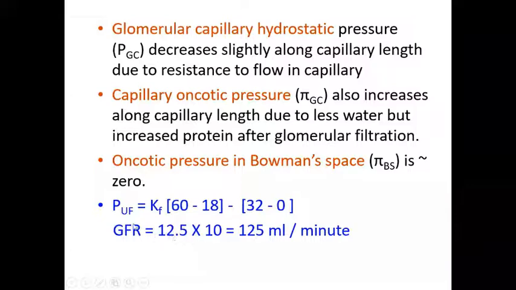So the ultrafiltration pressure will simply give you the glomerular filtration rate. So the glomerular filtration rate is equal to the filtration coefficient multiplied by the difference in the net hydrostatic pressure and oncotic pressure. So that difference is 10. So 12.5 multiplied by 10 will give you 125 milliliters per minute.